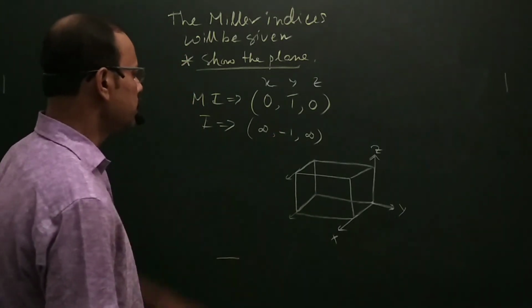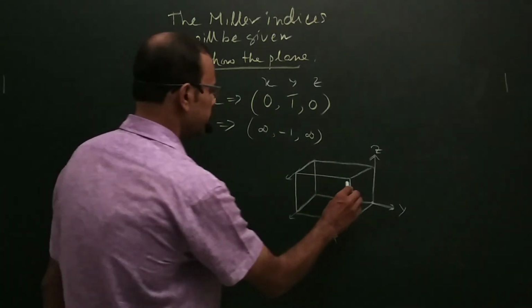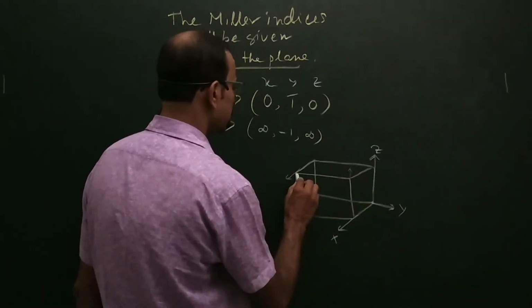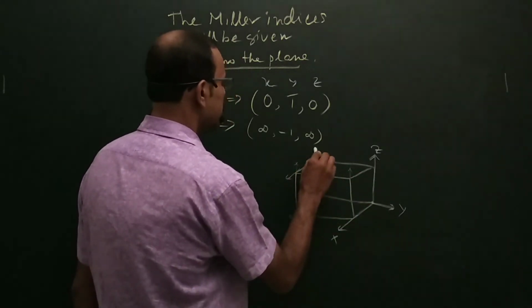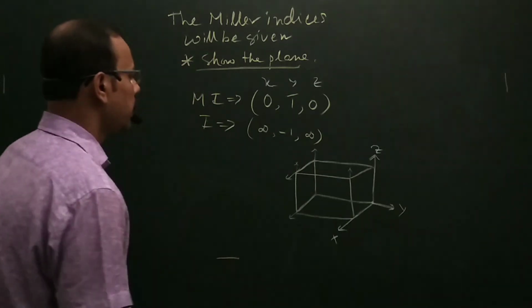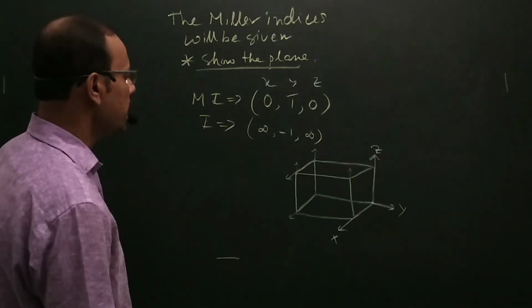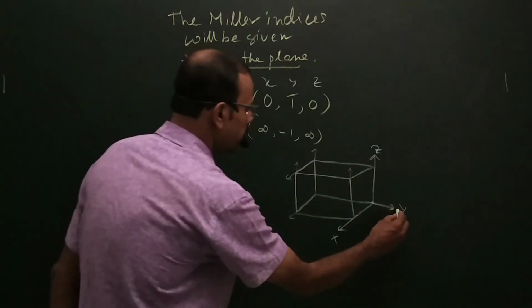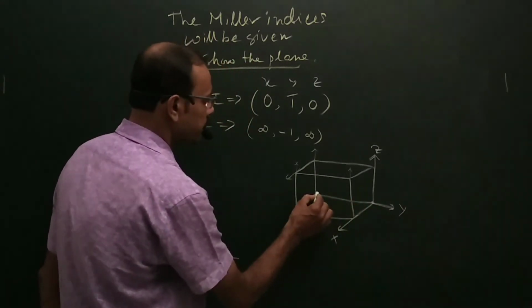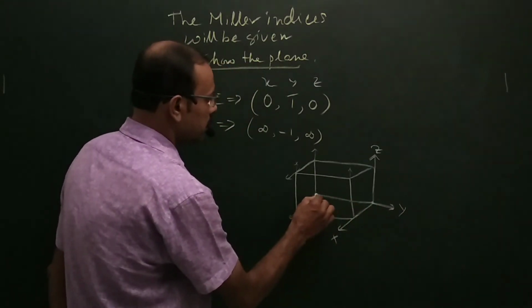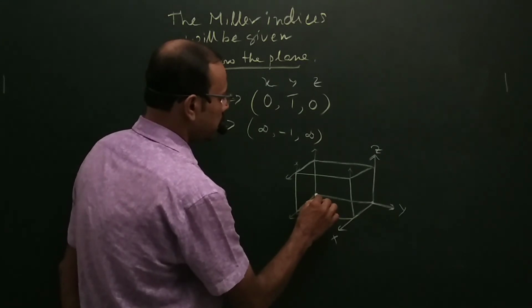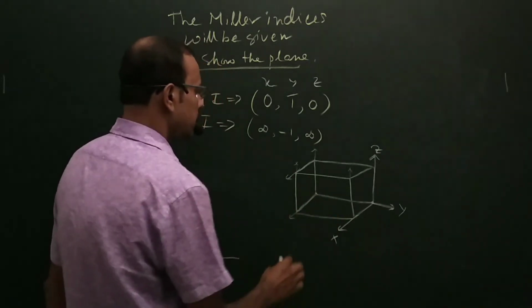It is also parallel to z-axis, that is either this one or this one, or it will be this one, okay? And it intersects the y-axis along negative y direction. This is positive y direction, and of course this will be negative y direction. So the plane intersects at this point.